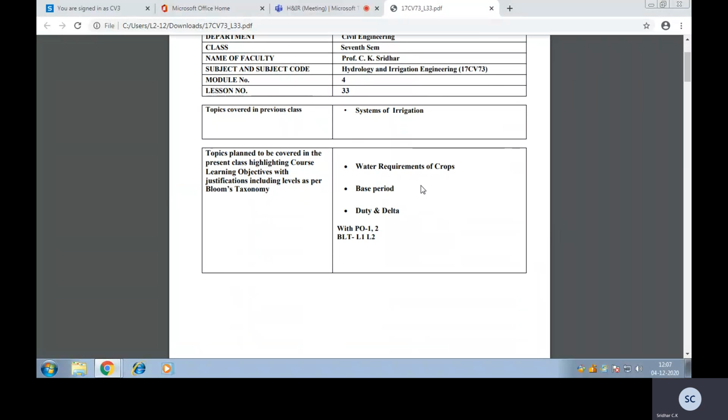In this regard, this discussion mainly focuses on some of the terminologies like duty, delta, and base period.